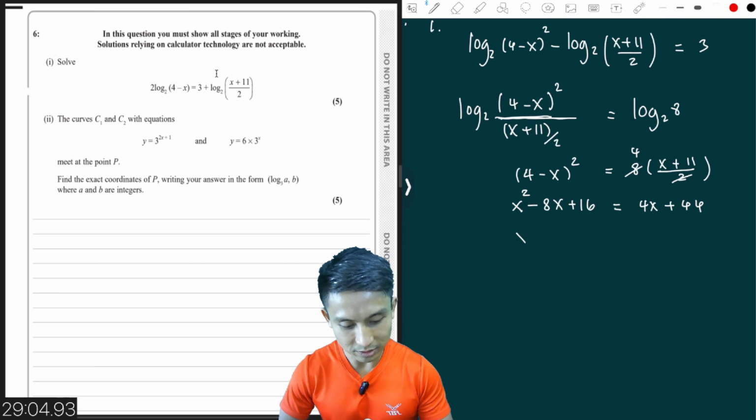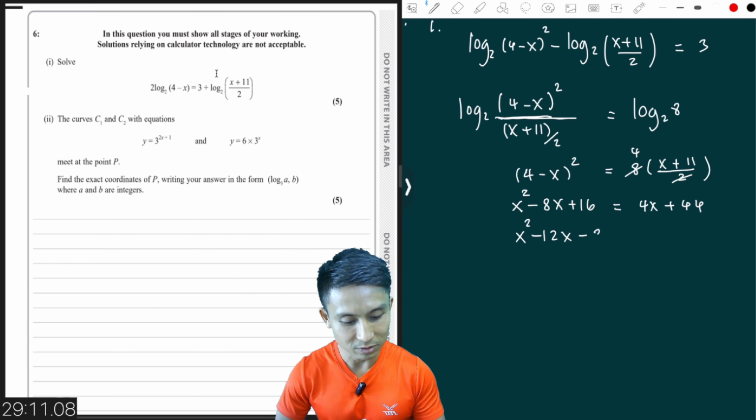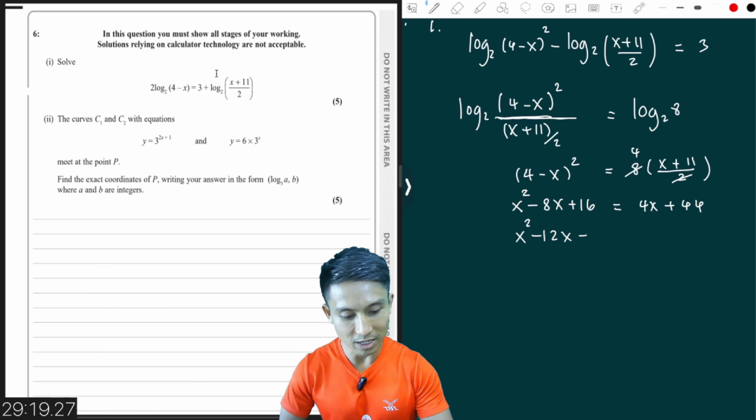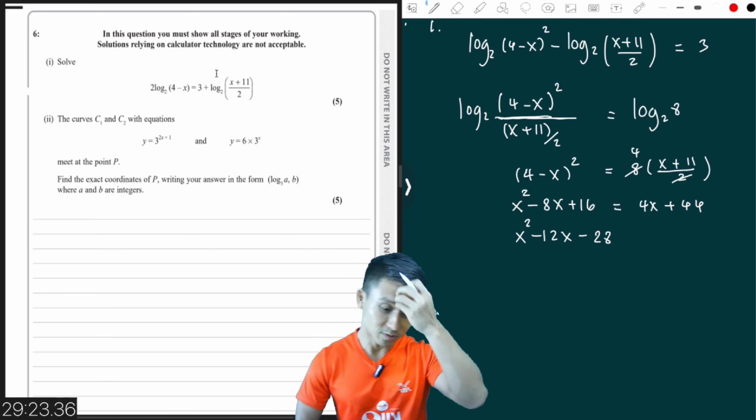Okay, so that's x squared minus 12x. Well, 44 subtract from 16, we get minus 22. No, 32. Right? No, 28. Sorry. Is that right? Yeah.